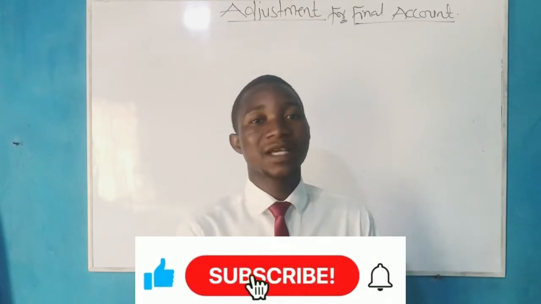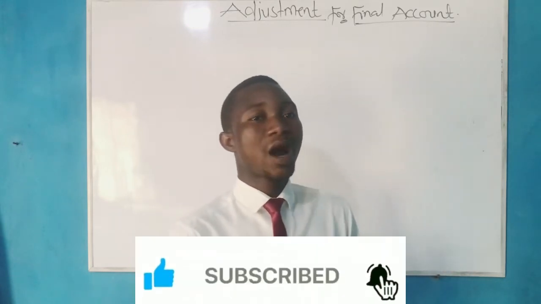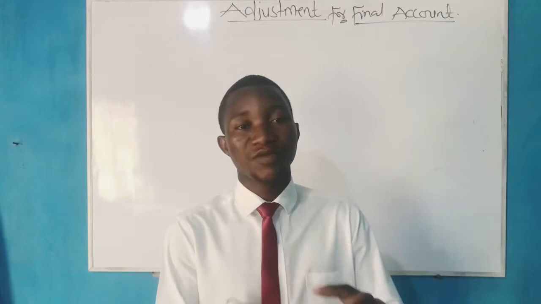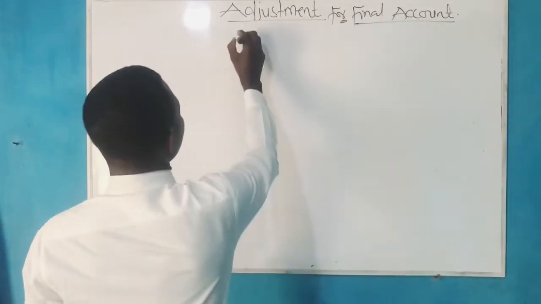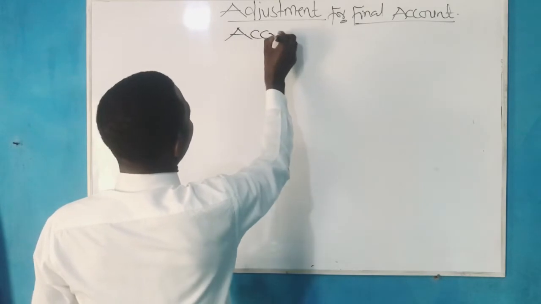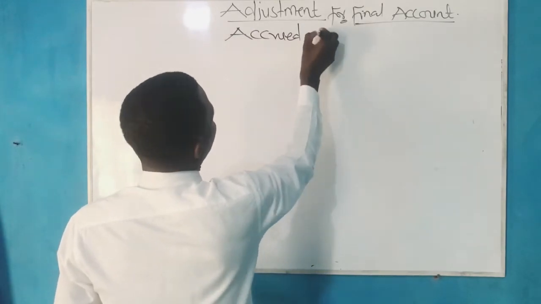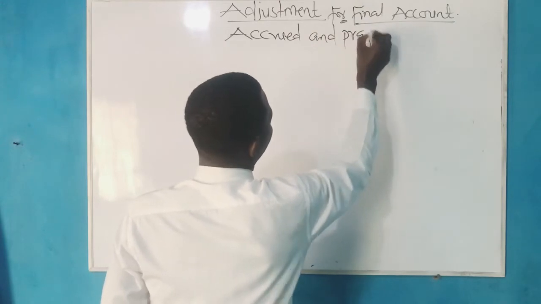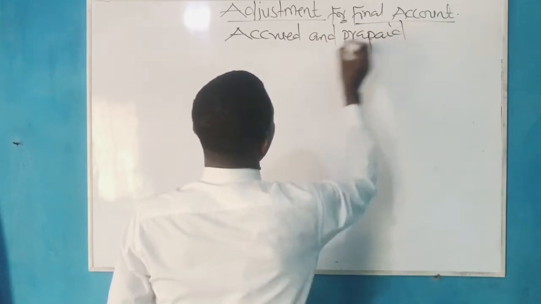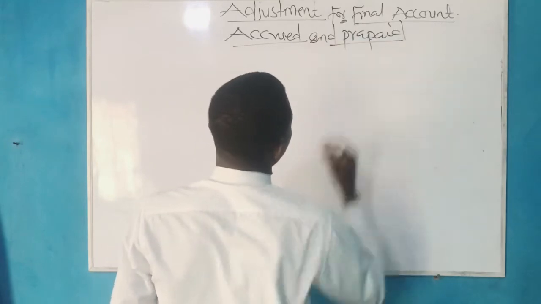Okay, but basically we are going to look at how accrued and prepayment are being treated in the final account of a sole trader. So we are talking about accrued and prepaid, how you treat these two items.